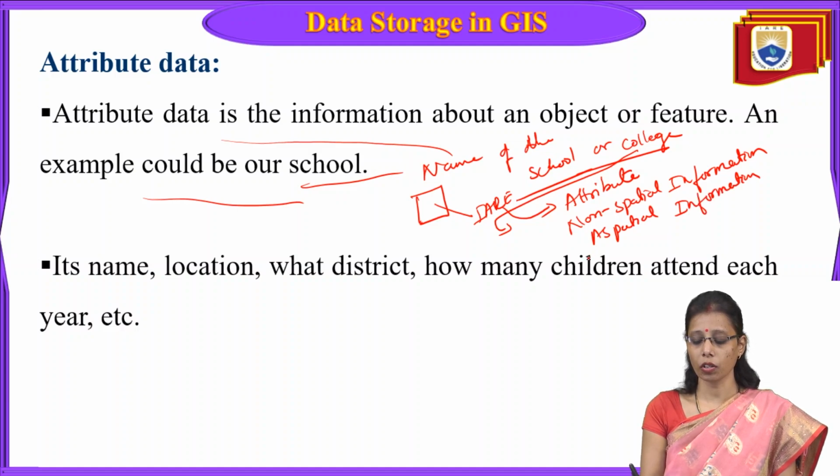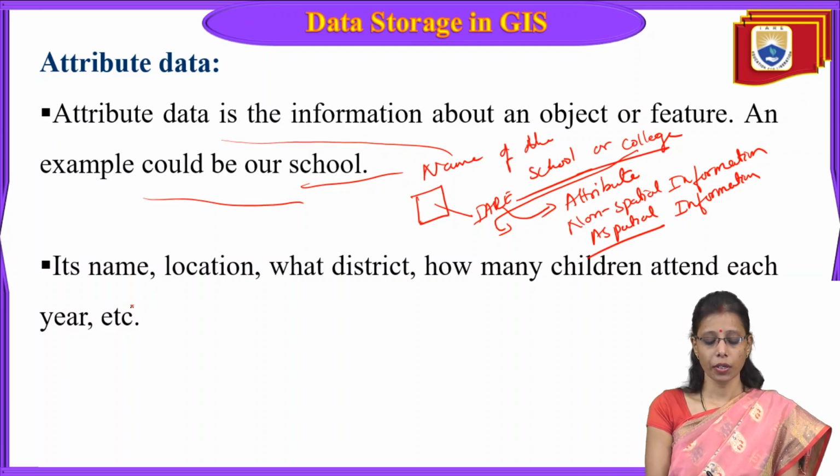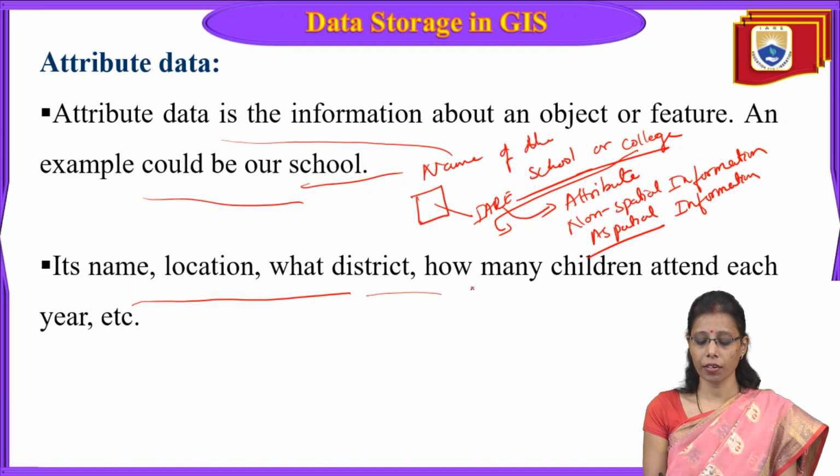So attribute or non-spatial information we have to assign to the spatial data. Its name, location, what district, how many children attend each year, etc. All this information comes under the attribute information.